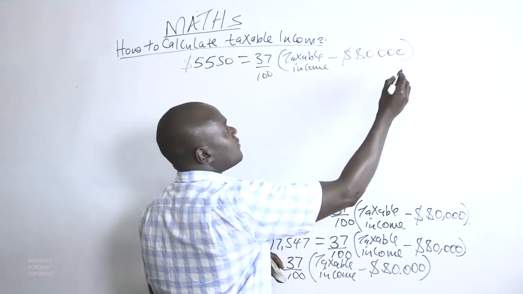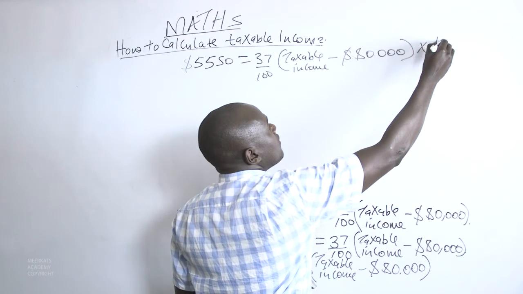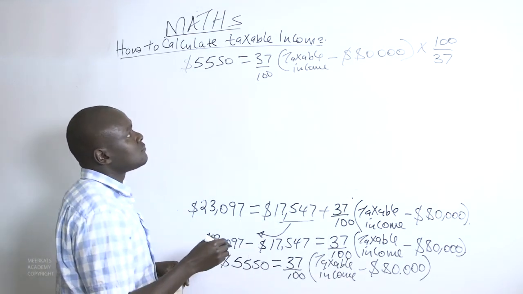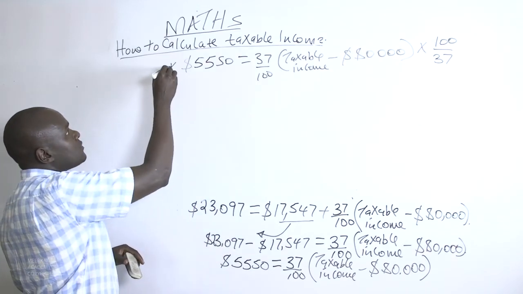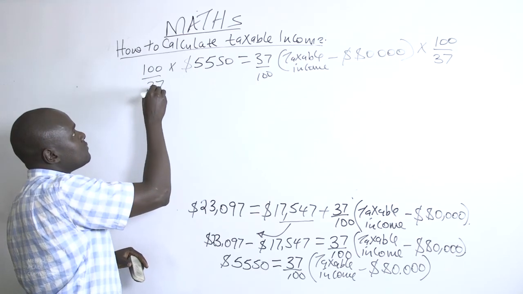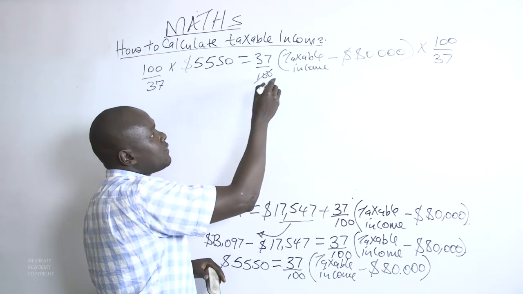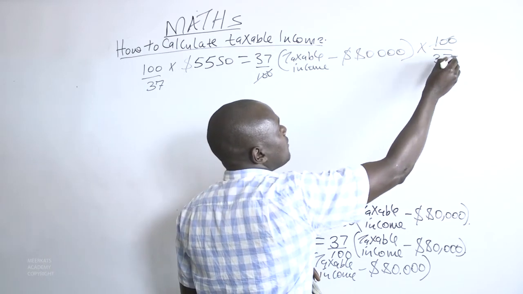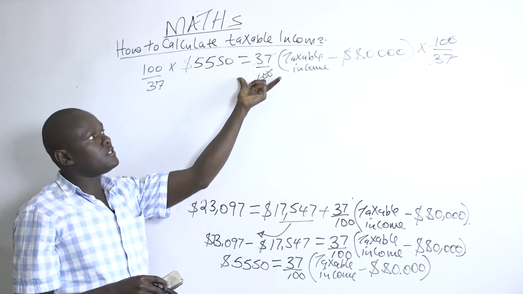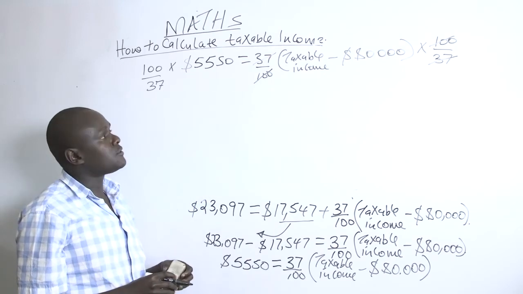The 100 and this one will cancel, and this 37 will cancel with that. So we no longer have this constant on the right hand side, but we have moved it to the left hand side.